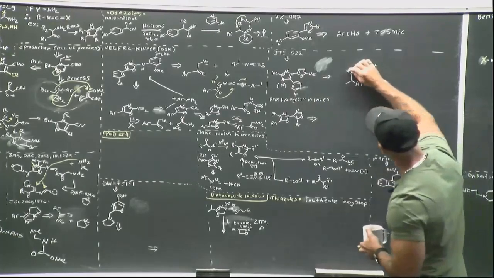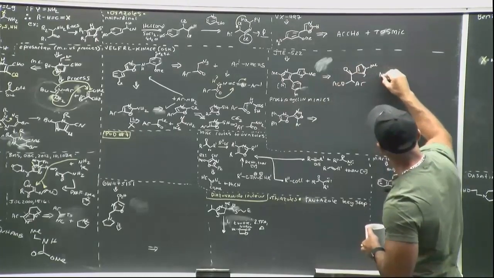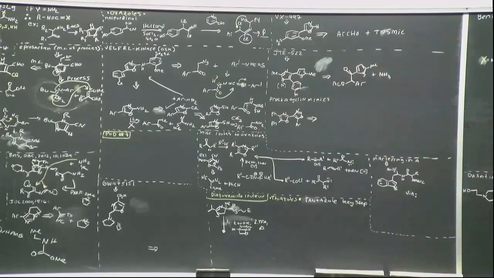Okay, great. You'll form the imine. It will then do Robinson-Gabriel and cyclize closed. If you make the opposite arrangement, you'll get the opposite regiochemistry. Questions?